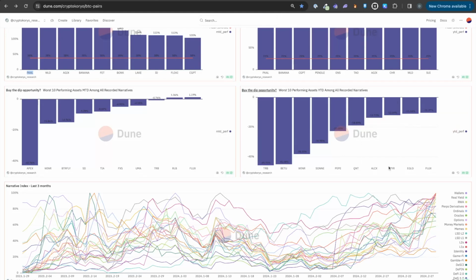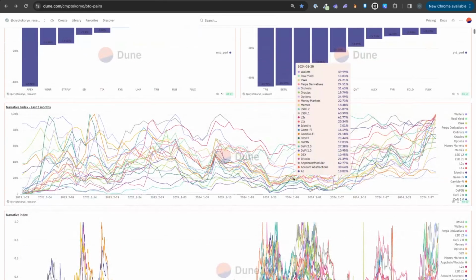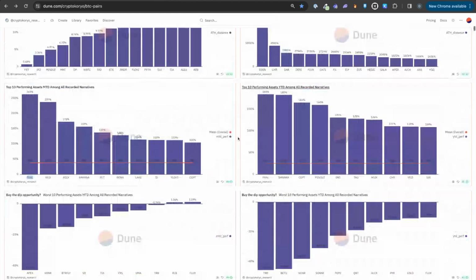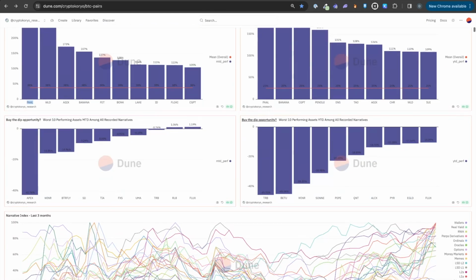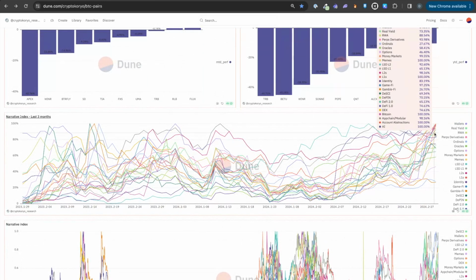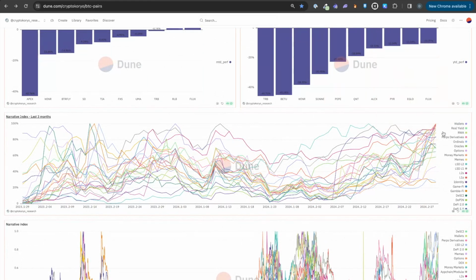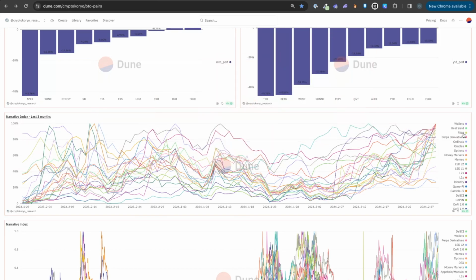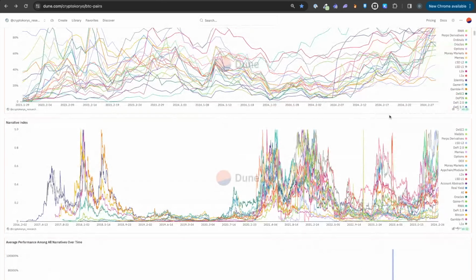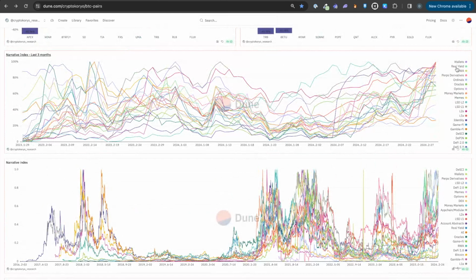Okay, so now we have defined a narrative, which is actually just an index that usually consists of a few tokens, and I have taken an equal weight average, so we can plot the performance of these across time. These look very noisy, but you can filter out these things and see what's interesting to you.